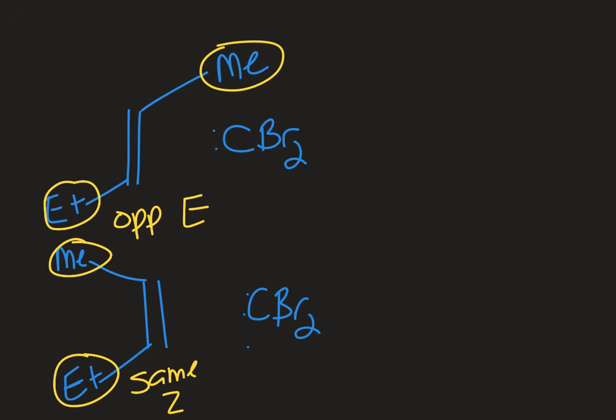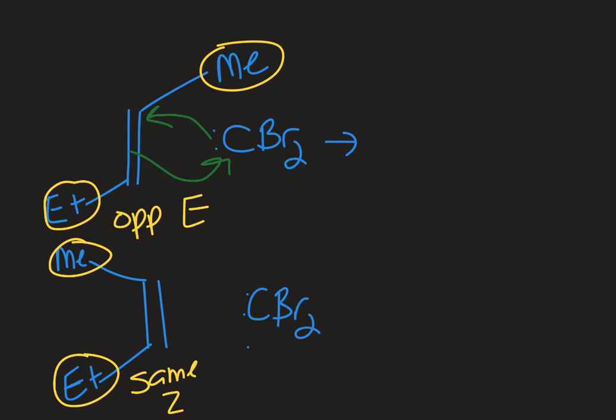So because this is a concerted reaction, whatever stereochemistry the alkene has is the same stereochemistry that will be observed in the cyclopropane ring that is formed, because the ring has no free rotation and the alkene has no free rotation. So in one step, the carbene is going to add to one carbon as the pi bond comes around and makes a new bond to the carbene carbon.